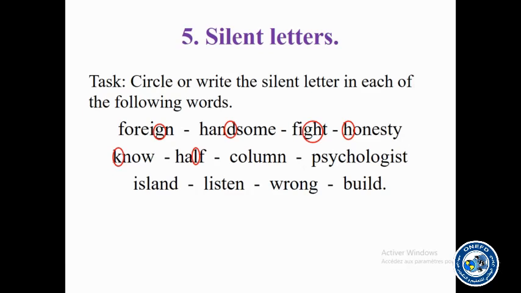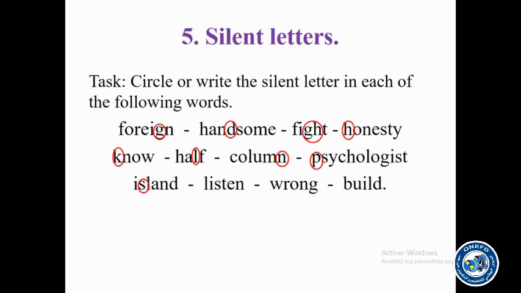Column. N is silent. Psychologist. E is silent. Island. S is silent.